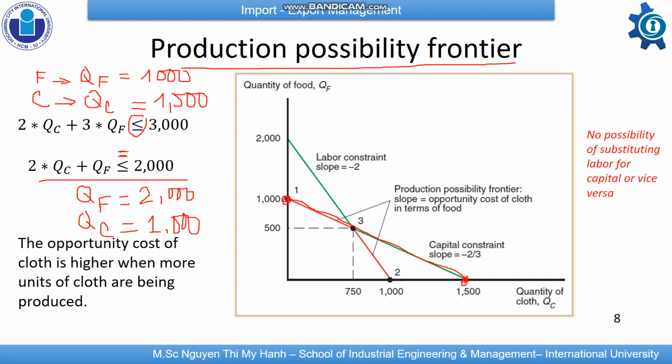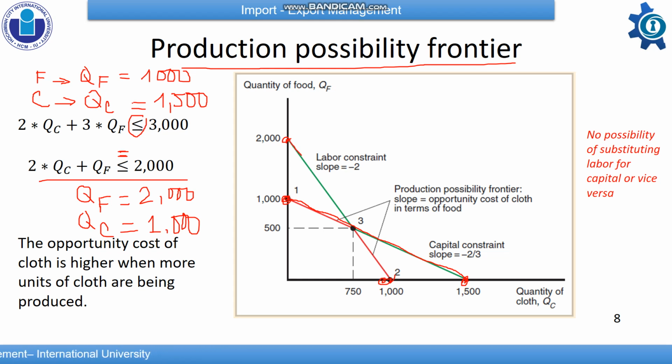So we have QC equal to 1000 and QF equal to 2000. So here we can draw the second line, the labor constraint.